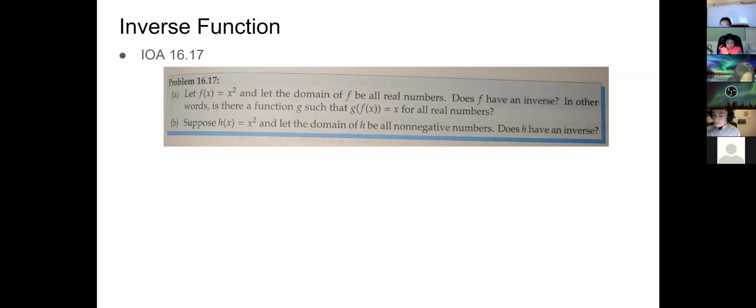Now, because we said x can be all real numbers, we have two solutions. And the inverse, remember, we already know the expression of y, right? So what's the inverse, if it exists?